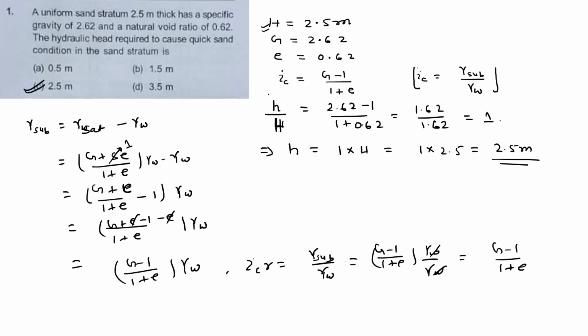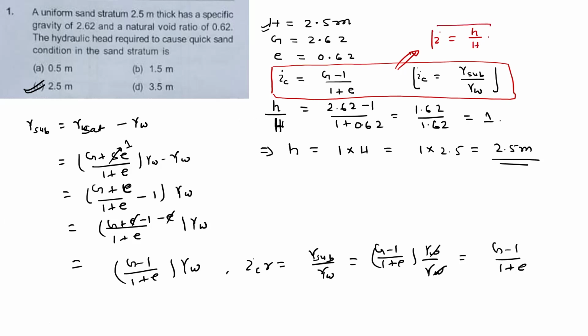Very simple. Just remember this formula, and this formula also: i is equal to head causing flow divided by length of flow, the hydraulic gradient.